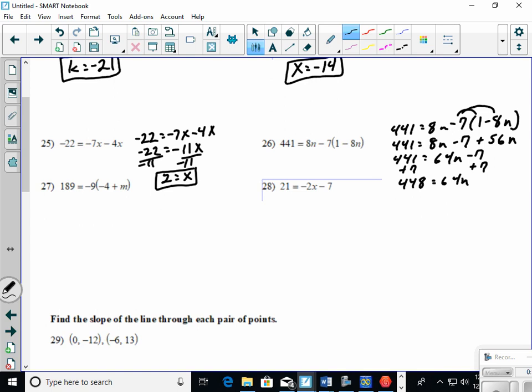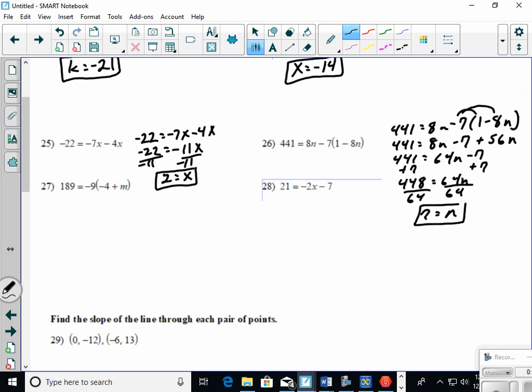So 448 equals 64n. And then to get the n by itself, divide by the 64. And we get 7 equals the n.